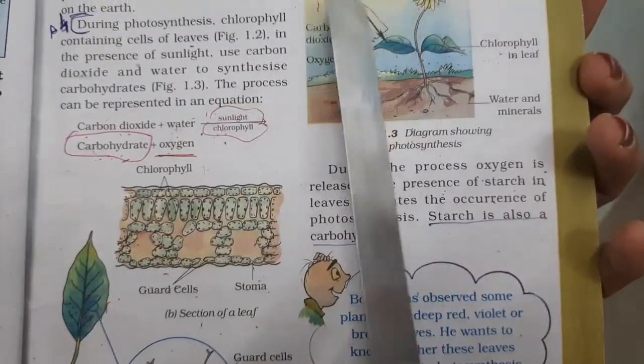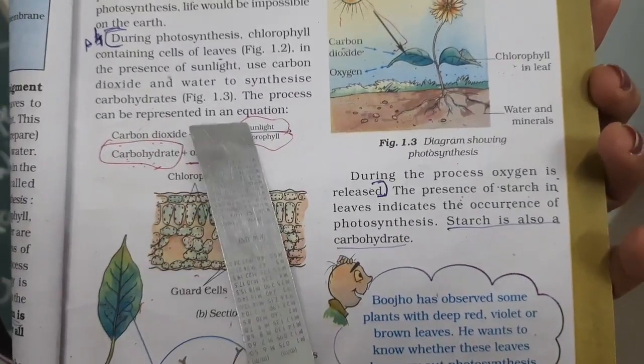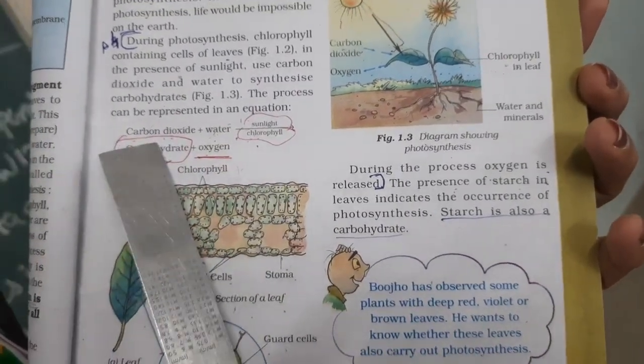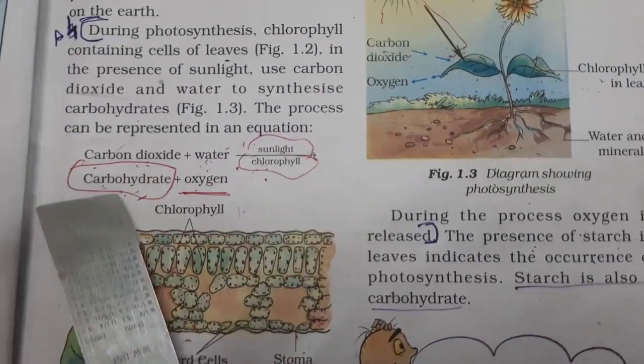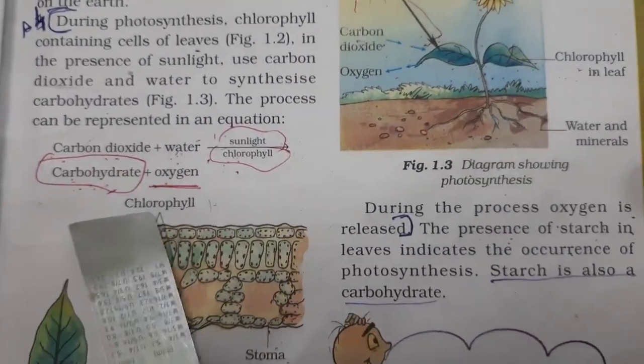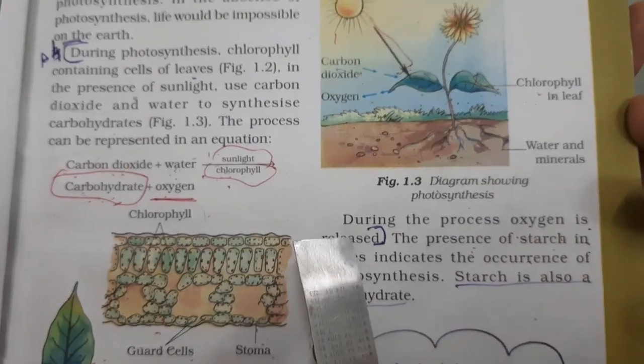Figure 1.3: the process can be represented in an equation. Carbon dioxide plus water, in the presence of sunlight and chlorophyll, gives carbohydrate and oxygen. During the process, oxygen is released.